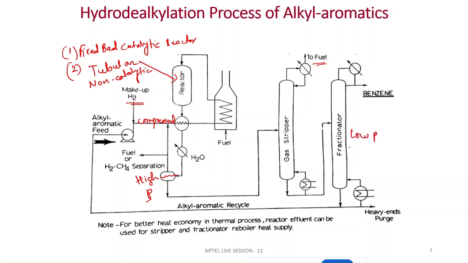Then from here, as a top product, we are getting benzene as our desired product, right? This benzene is of very high purity, and here high purity means the thiophene content is less than 0.5 ppm.